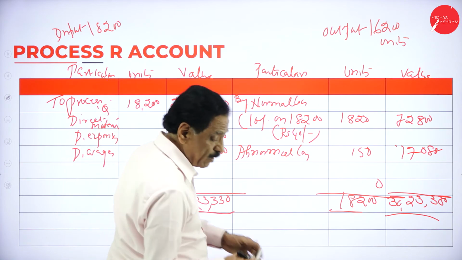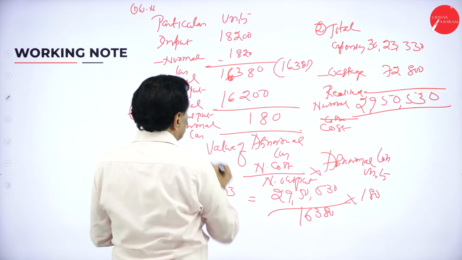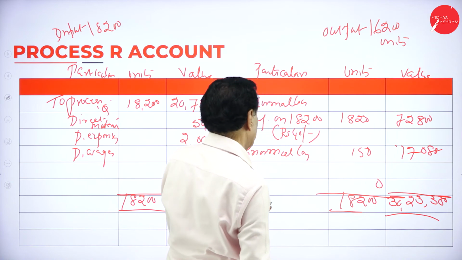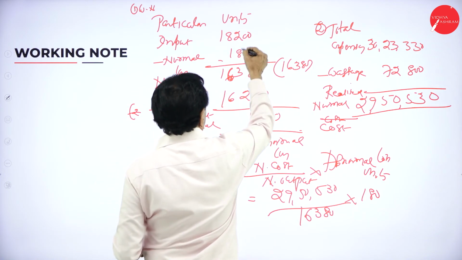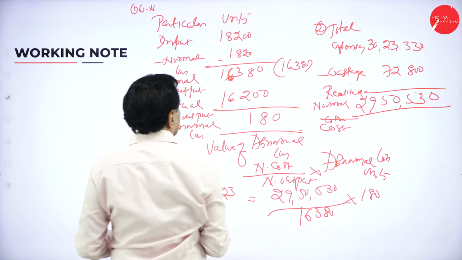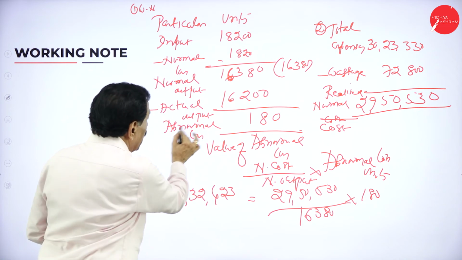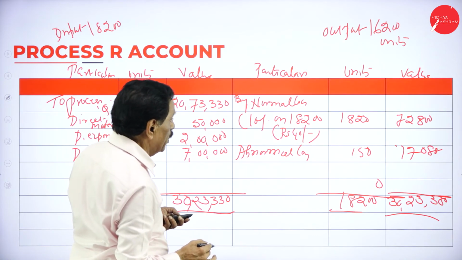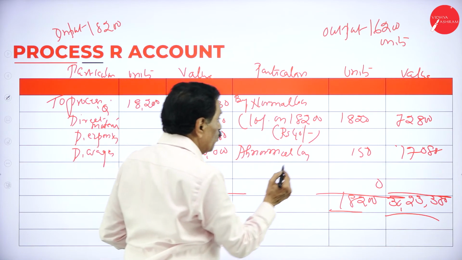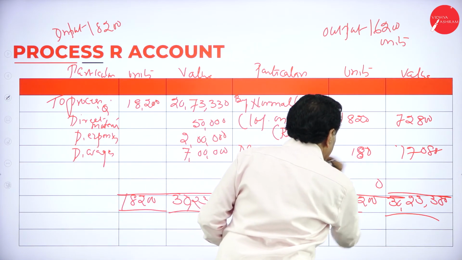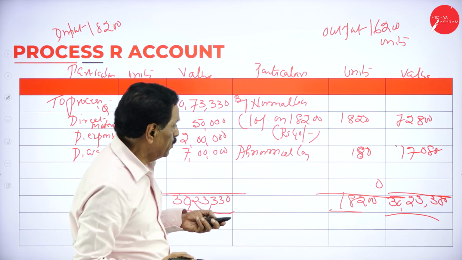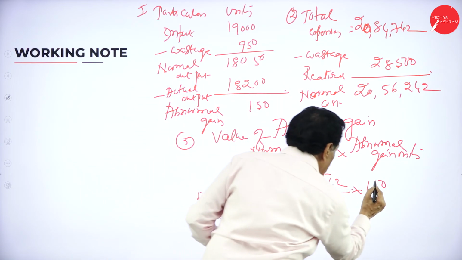So 18,200 minus 1,820 units is 16,380. Actual output is 16,200. This is 180 units.